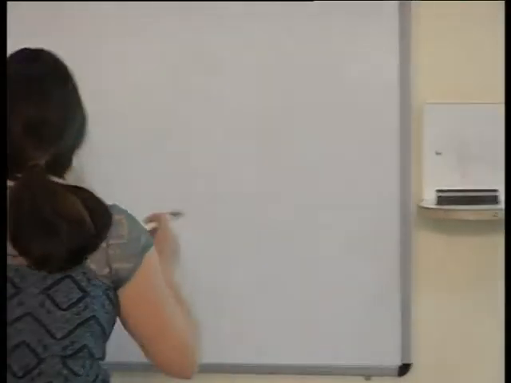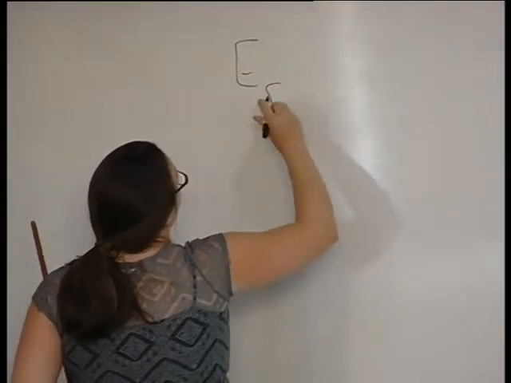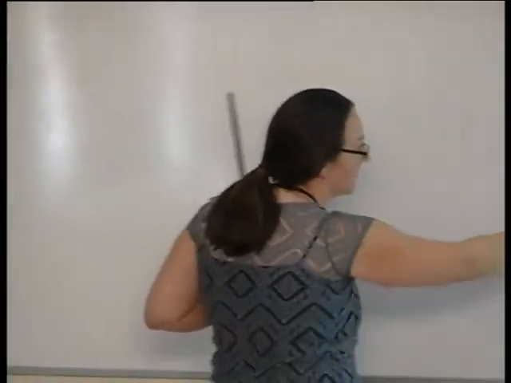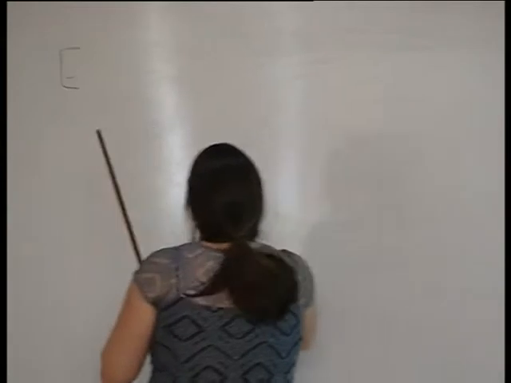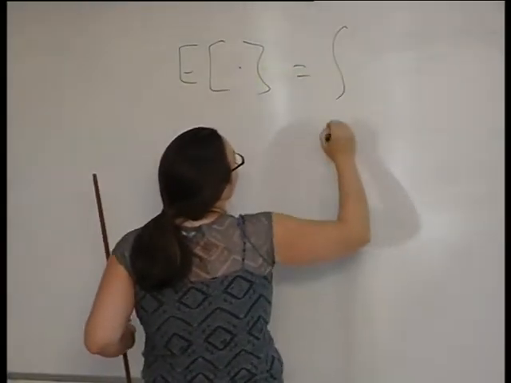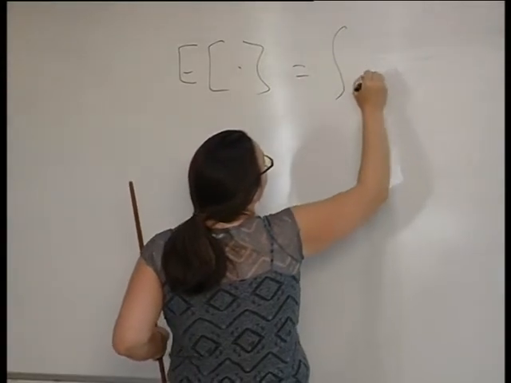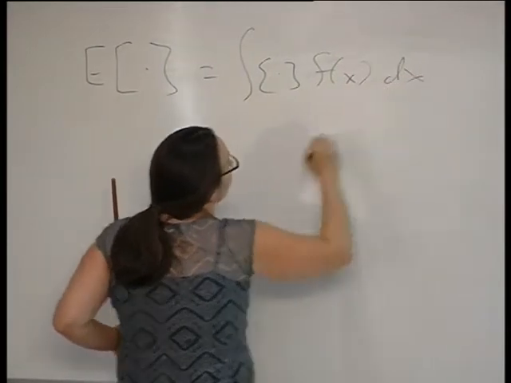So E, and actually, I'm going to introduce this notation in a second, but I hadn't yet. So E of anything is going to be the integral of that thing times f dx.